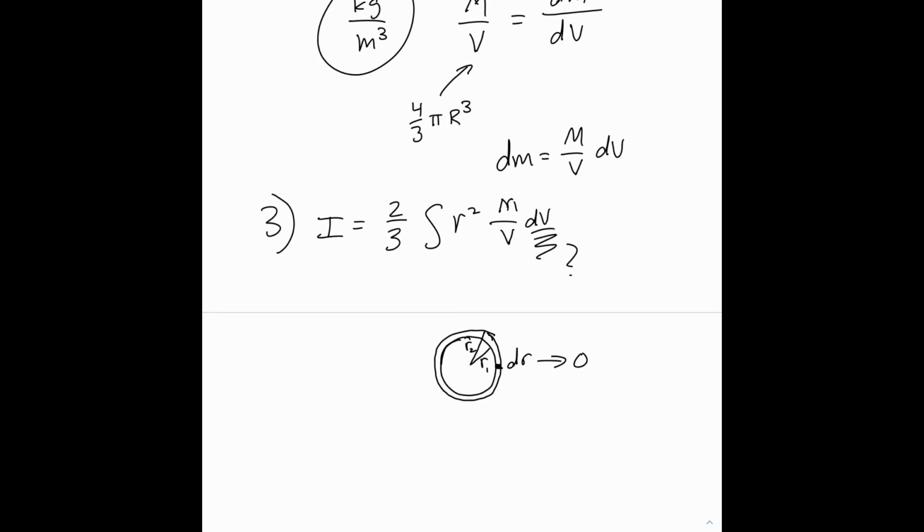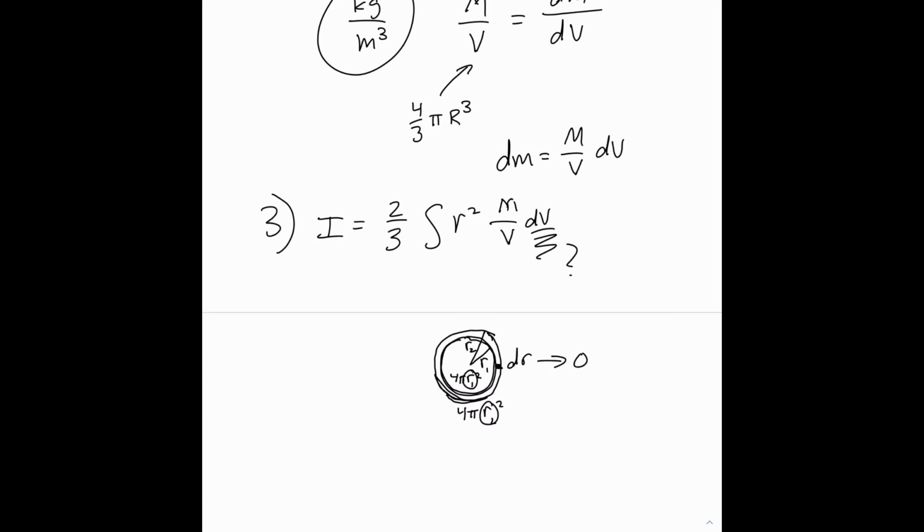So the surface area of the inner surface would be 4 pi little r1 squared, and the outer surface would have a surface area of 4 pi little r2 squared. But r1 and r2, for all practical purposes, are equal when it's infinitesimally thin.